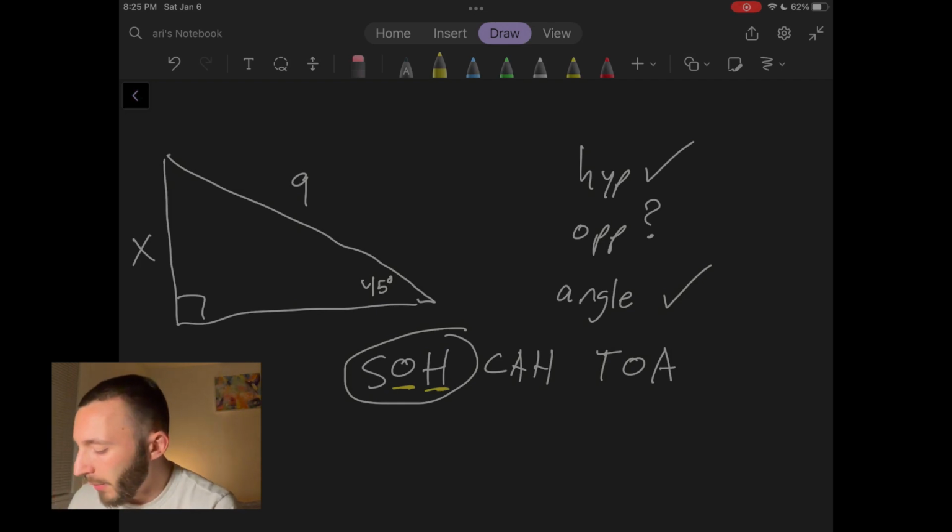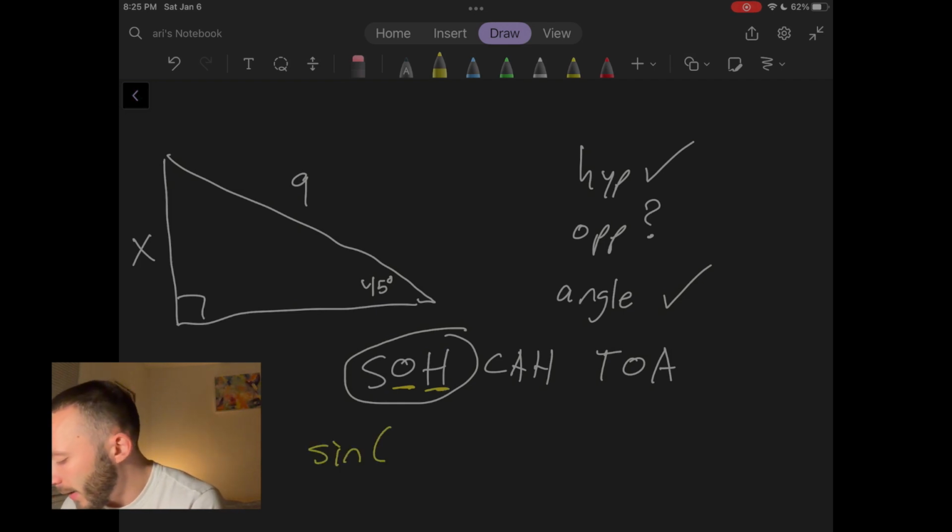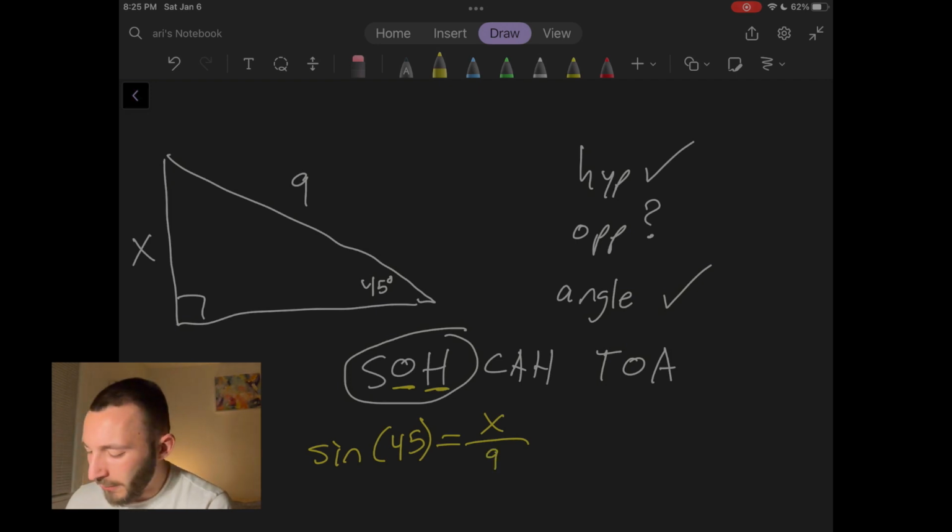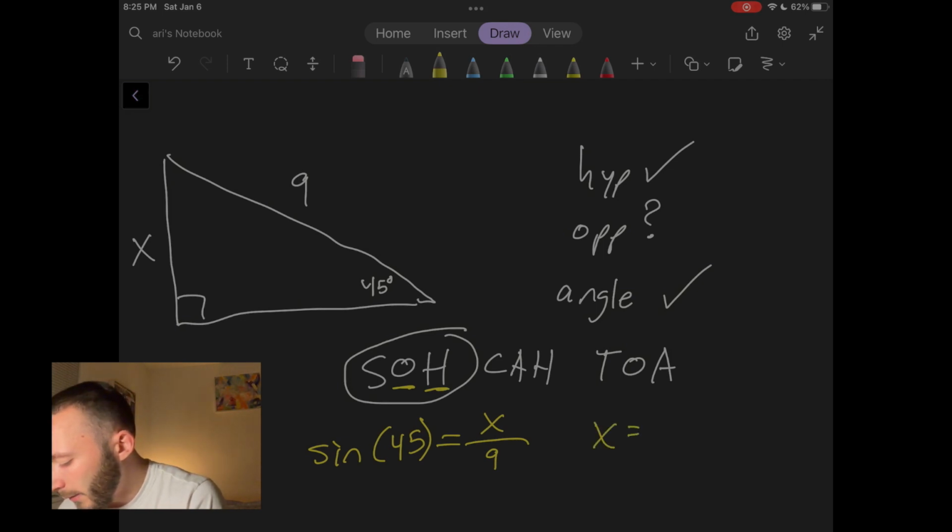So to solve this, we have to say sine of 45, that's our angle, is equal to opposite, which is x, we don't know it, over hypotenuse, which is 9. And in order to solve for x, we just multiply both sides by 9, and we get x is equal to 9 times the sine of 45.